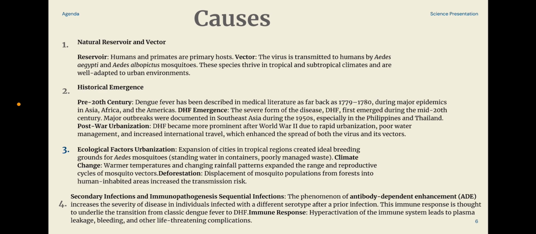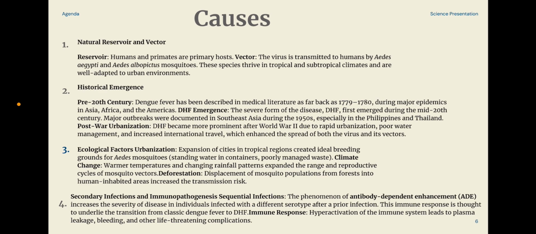Dengue fever had been described in medical literature as far back as 1779 through 1780 during major epidemics in Asia, Africa, and the Americas. The DHF emergence: the severe form of the disease, DHF, first emerged during the mid-20th century.